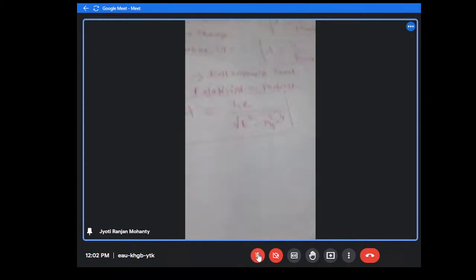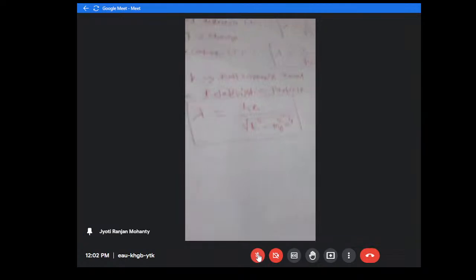Lambda is equal to hc by root over of E square minus m0 square c4. No, not m0, you have to write here the mass of the proton, because I told you the mass of the proton is given, so you have to take the mass of the proton here. That is 1.67 into 10 to the power minus 27. If electron is given, you can apply this formula with the mass of the electron. Pragya, understood? Yes, sir.